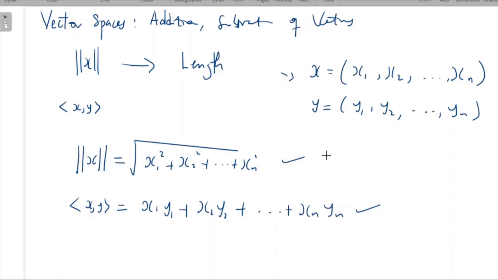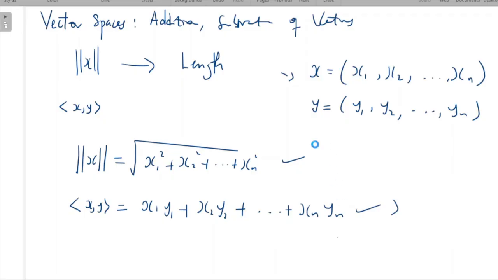This one talks majorly about the length, and only the length, of a vector, while this one compares two vectors. What is the angle between these two vectors? This one deals with angle. It is talking about the dot product as well. Are these two vectors perpendicular to each other? Then you are talking about the inner product.